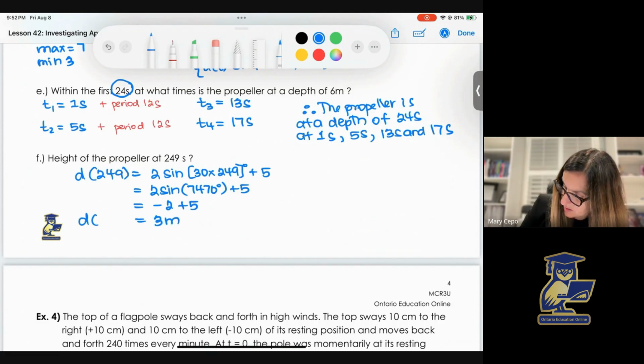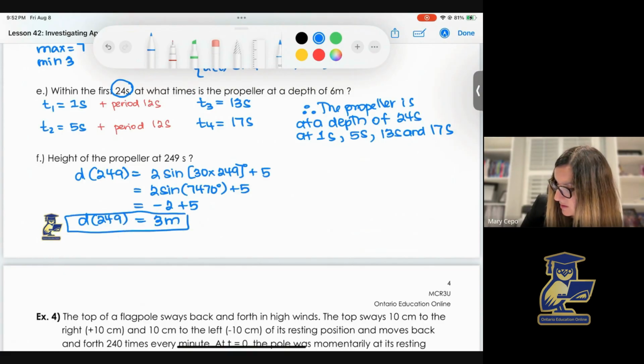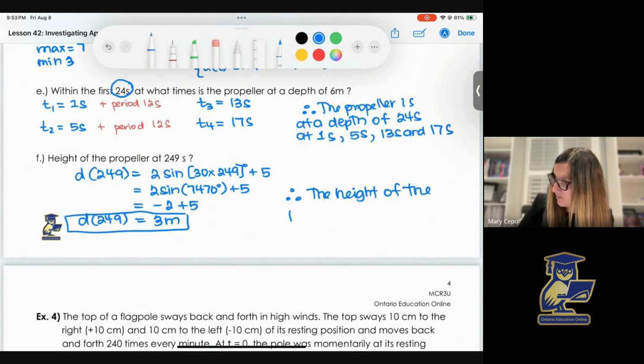Therefore, the height of the propeller, or the depth, at 249 seconds is 3 meters.